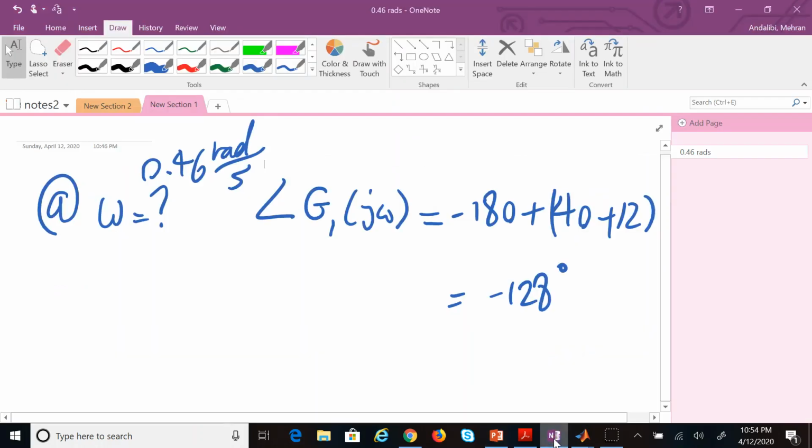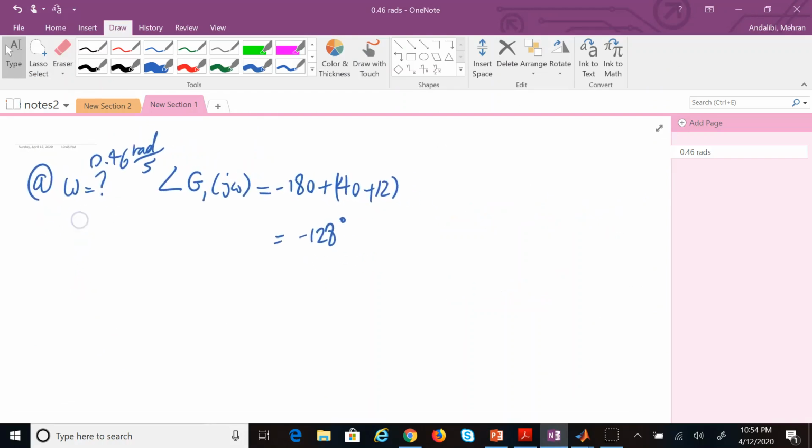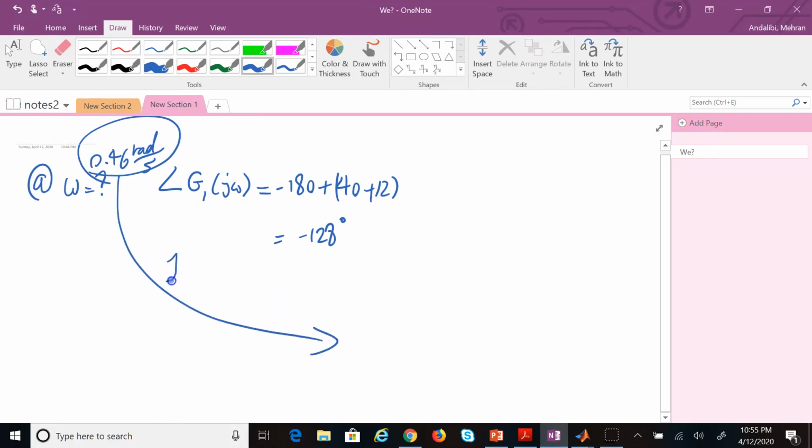So how much is 1 decade or 1 octave below this? If I go 1 octave below 0.46, it means I go from this frequency to half of it. If it's 1 octave above, it means twice as much. So it is going to be 0.23, right?